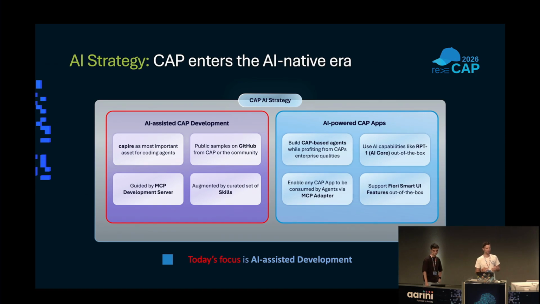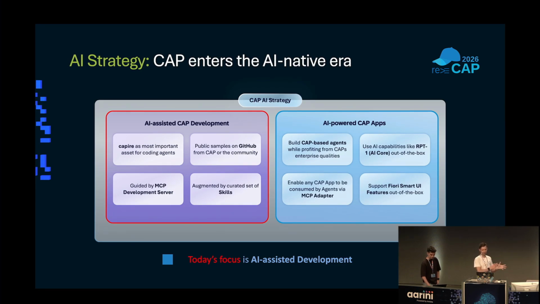So maybe you want to get some suggestions in your Fiori application already on a value help, what might be the right input to put in there, or you want to create an MCP adapter as we have seen earlier. So these kinds of things are where we infuse applications with AI capabilities.